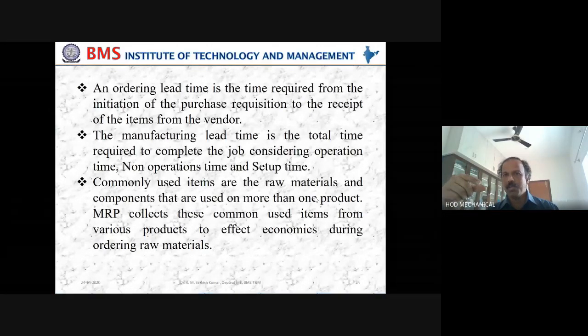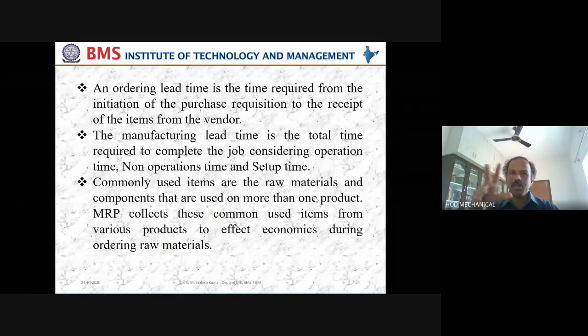You have only 1 month for the supply of the product, but if the raw material supplier takes 20 or 25 days to supply the raw material, then there is no point in giving the order to that fellow.